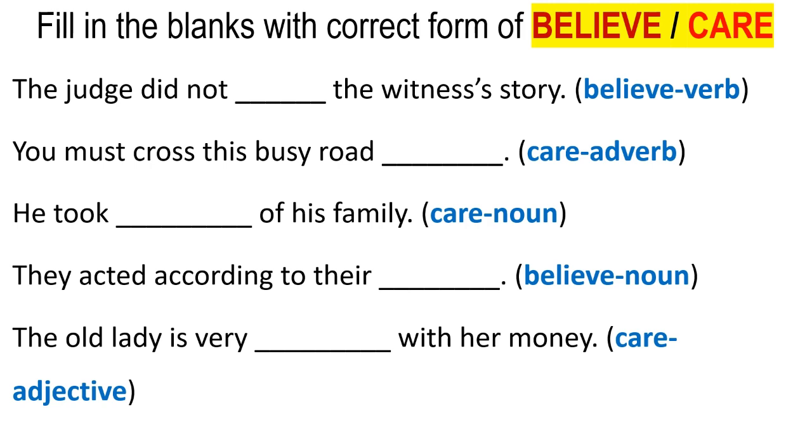The old lady is very, blank, with her money. Now you have the word care and its adjective form. So try to recollect all the forms of the 2 words which we did in the conversations, and I explained them to you. Now fill in these 5 blanks and let us now check the answers.